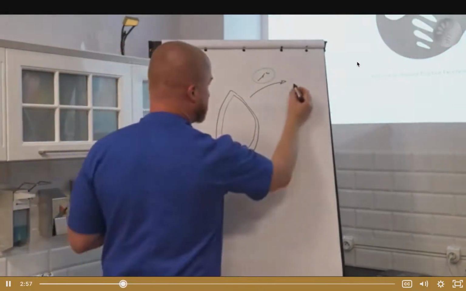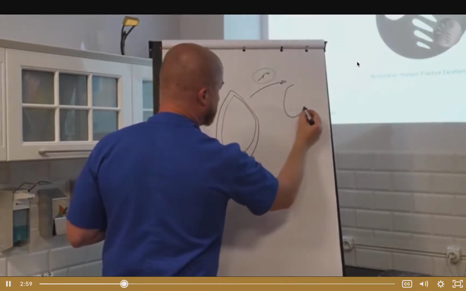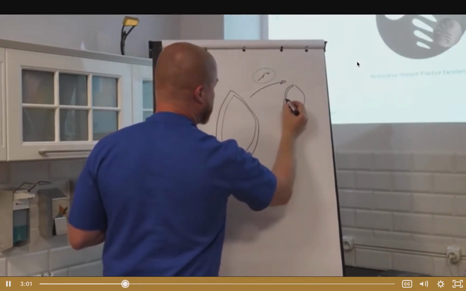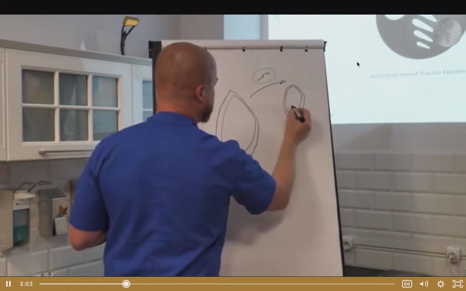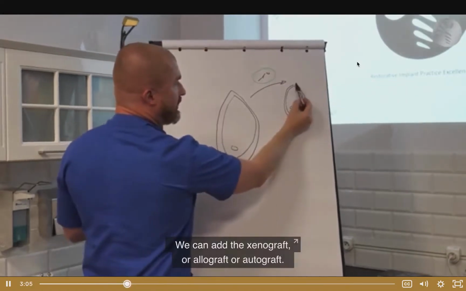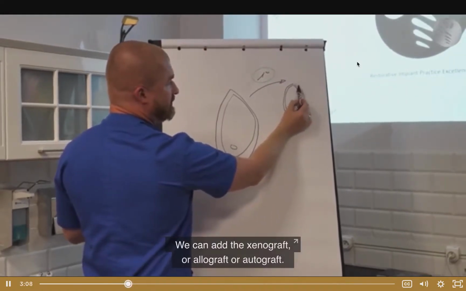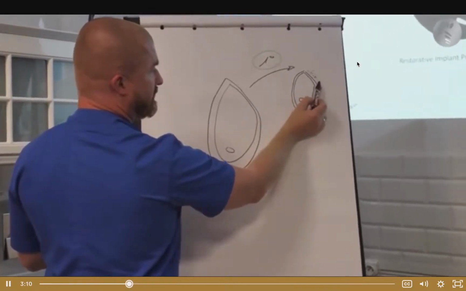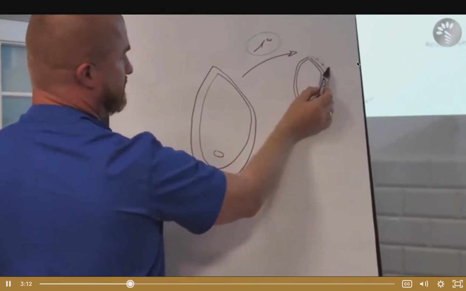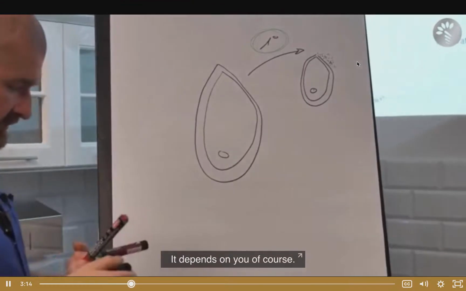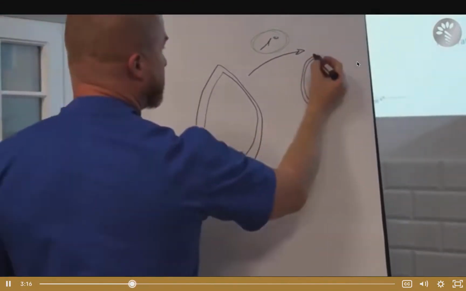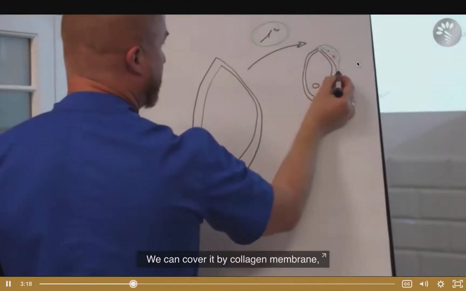What can we do? We can add xenograft or allograft or autograft. It depends on you, of course. We can cover it with a collagen membrane.